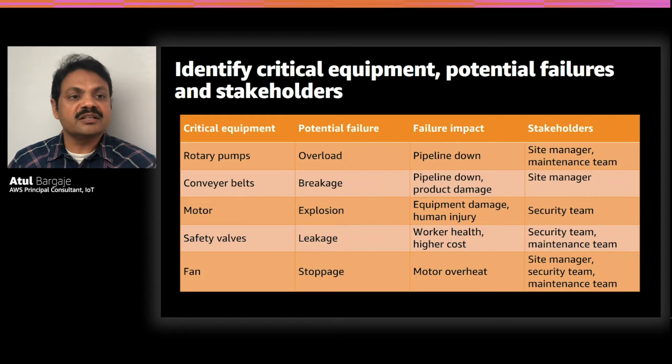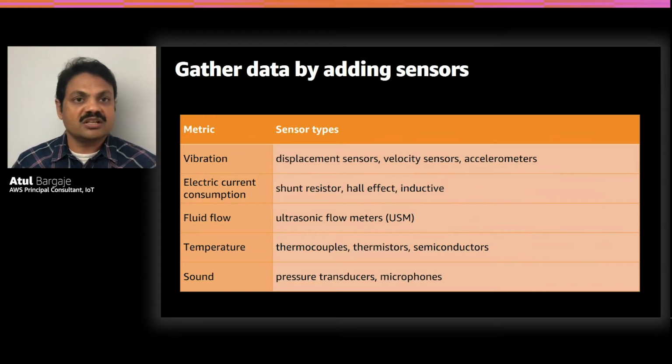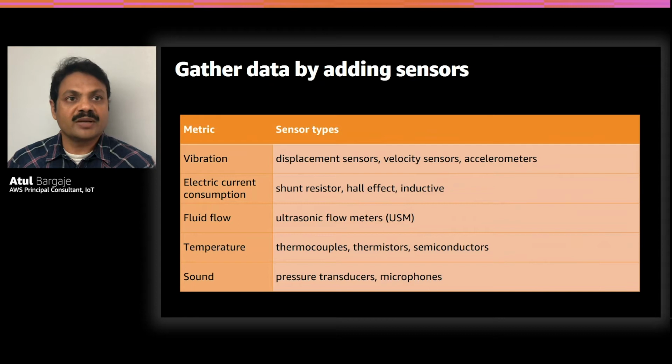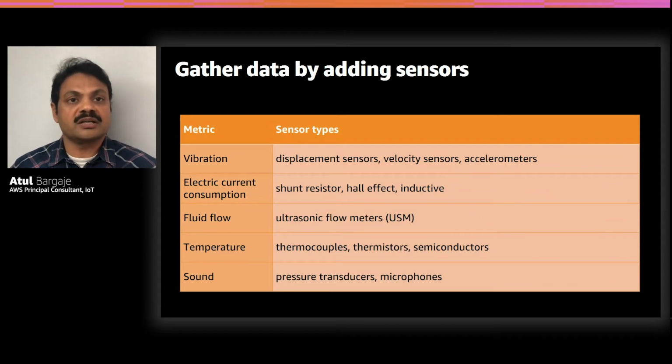Once you have identified the critical equipment and potential failure points, the next step is to start gathering data by adding sensors. Some of the very commonly used sensors in industry are vibration sensors, which can give you vibration readings from your industrial equipment. Electric current consumption can be obtained by tapping into motors, which can point to important sources of anomalies.